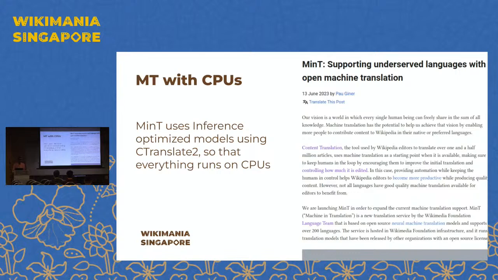In fact, if you can optimize and run it on CPU, what is the incentive of running it on GPUs? Why do you need to spend money, why do you need to spend energy? So please be aware of this optimization. Please be mindful about the energy usage of your machine learning models. Make sure that it's compute optimized, right?